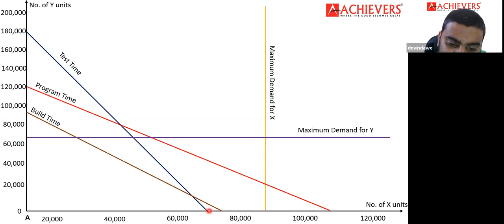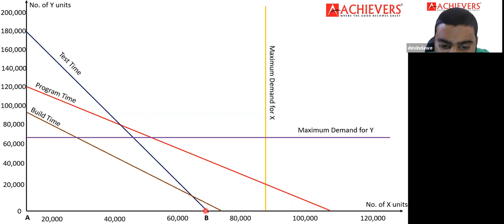It's like hitting a wall. I can't go any further in the x-axis because the resource is over. Clear? I can't produce any more X units. So this corner I call corner B. Clear? Corner B.